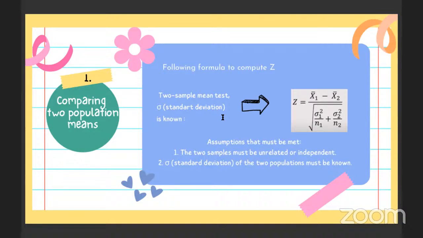The formula is Z equals x bar 1 minus x bar 2, divided by the square root of sigma 1 squared divided by n1, plus sigma 2 squared divided by n2. Assumptions that must be met: first, the two samples must be unrelated, or independent. And the second one is that sigma, or standard deviation, of the two populations must be known.